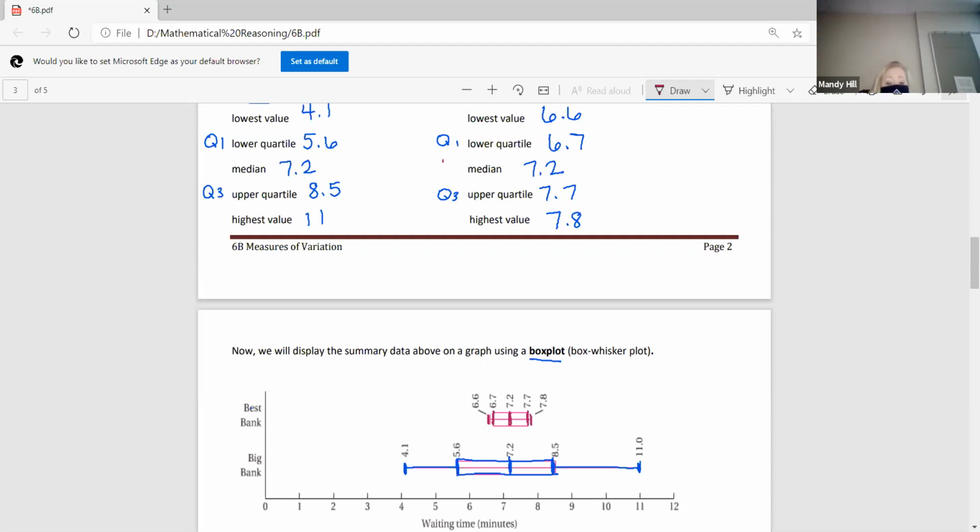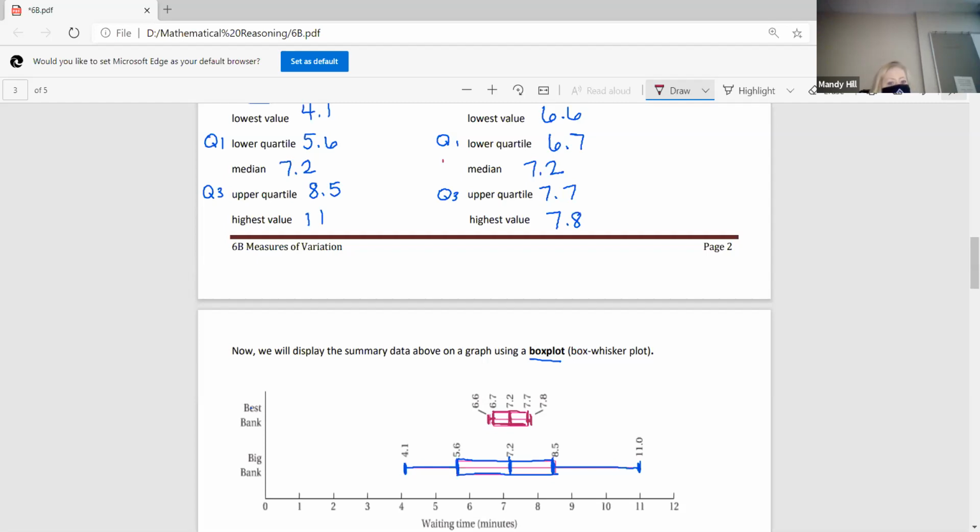So it's not going to be perfect, which is one of the reasons they put the numbers with it and not just the lines. They put a line for 6.6, 6.7, 7.2, 7.7, 7.8. Then they connect the ones in the middle with a box, and the ones on the outside get whiskers, though you can barely see the whiskers.